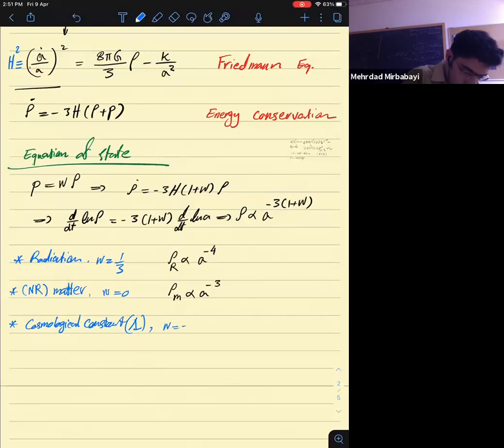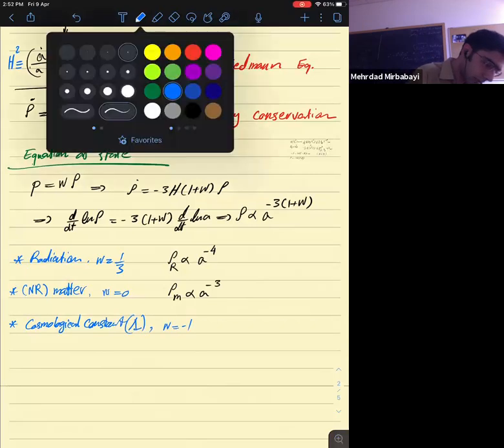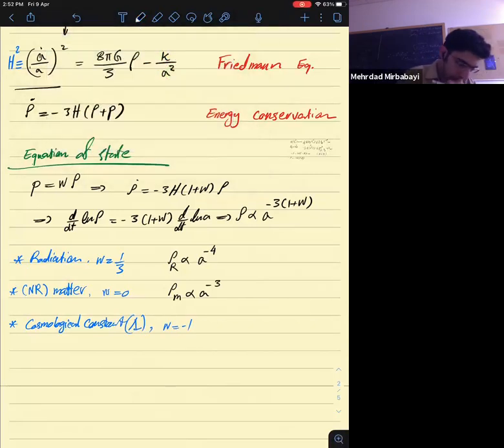So that corresponds to W equals -1. So what is the cosmological constant? Cosmological constant is, if I consider T mu nu to be equal to minus lambda times G mu nu.